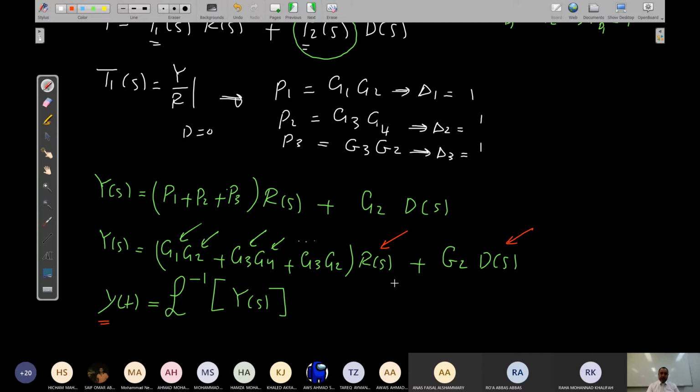Later on, we will highlight the parabolic and the ramp input. But at this stage, we are interested in the step input, in which R of S is equal to A over S. If unit step, it will equal 1 over S. If impulse, then R of S is equal to 1. And the same thing for the D. So I must specify the input in order to find y of t.